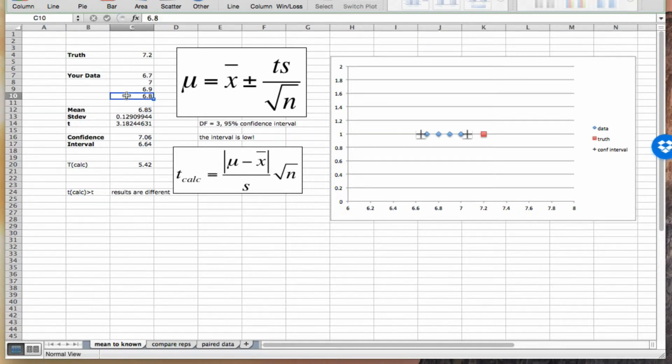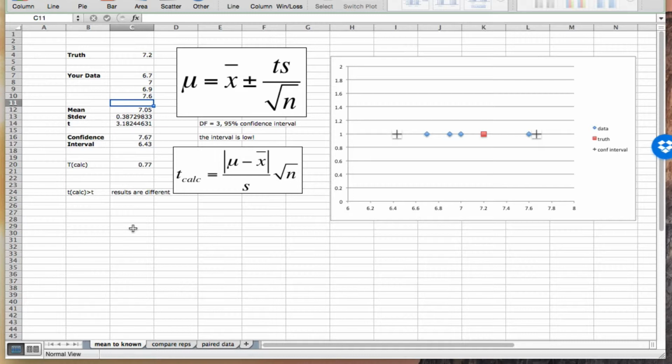Now, if, on the other hand, I had made another measurement and my measurement was 7.6, you'll notice I put a point out here. My data is not as good, but at this point, t calc is less than the t statistic, and the results are the same, or at least we can't conclude they are different.